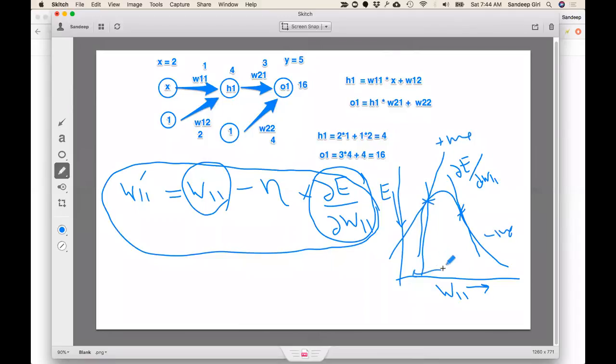We would like to decrease W, because decreasing W is decreasing E in this case, correct? So we'll do that. Although the diagram is a bit different, coming back to the point, I hope everybody is clear why this formula is like this.